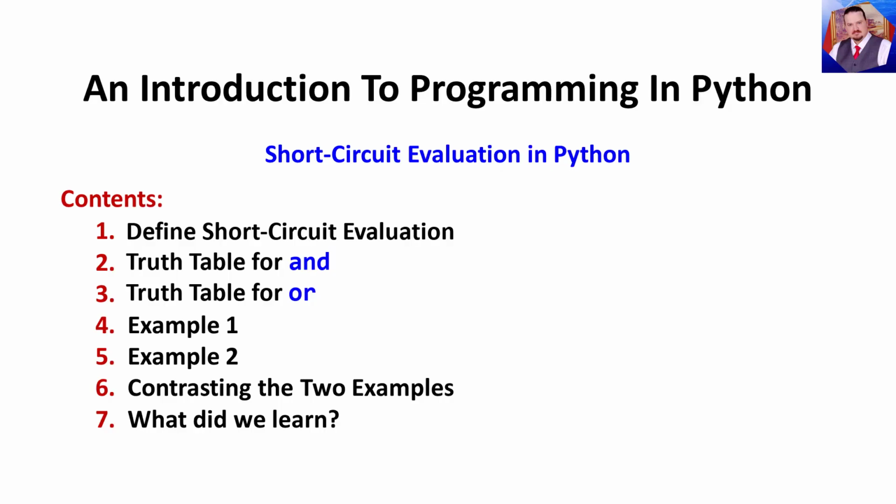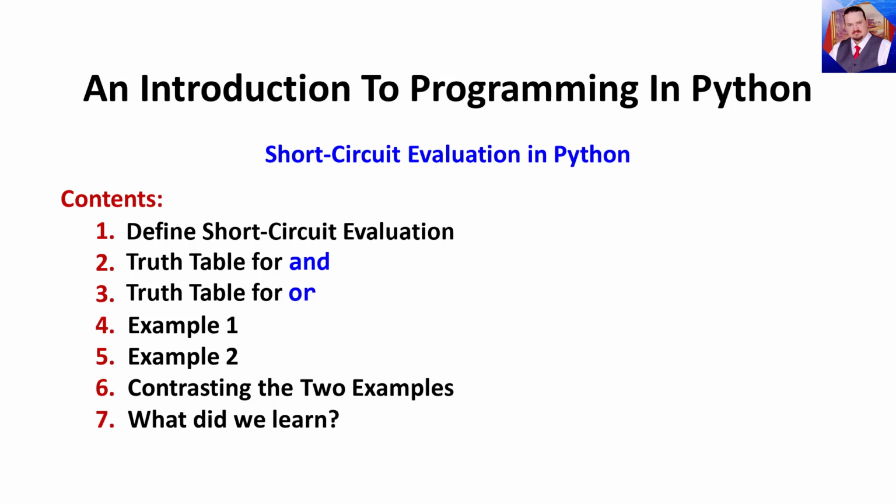So what to expect? We're going to give a brief introduction into what short circuit evaluation is, and to understand it in terms of the context of the examples provided, we're going to examine the truth tables for AND and OR, the two Boolean operators which support short circuit evaluation.